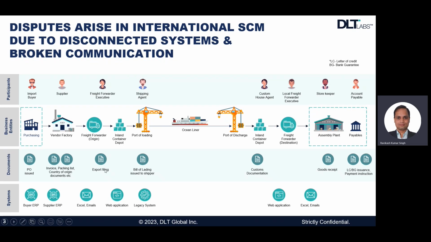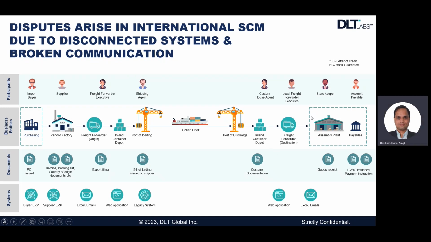Freight forwarder would do the export filing with the government authorities, that is customs, and get the shipping bill, after which they'll hand over the cargo along with the documents to the shipping agent. The shipping agent would generate the bill of lading in their legacy system and again share the bill of lading with the supplier or the freight forwarder via email.